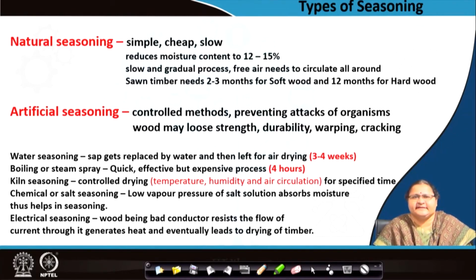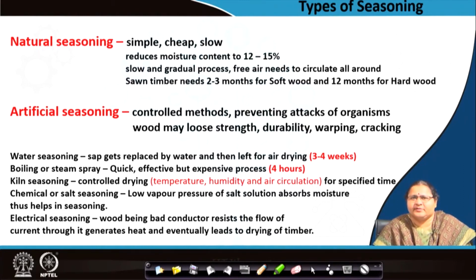Next is the clean seasoning. Here actually you can control the temperature, you can control the humidity, you can control the air circulation. So, in the clean seasoning these logs are arranged, organized, and then it is controlled drying.